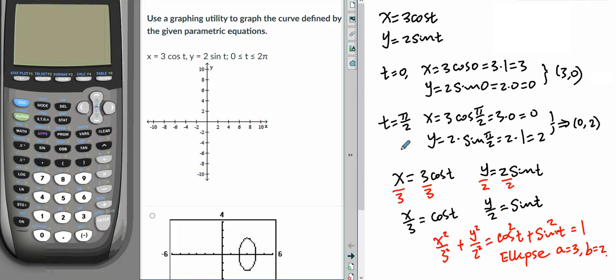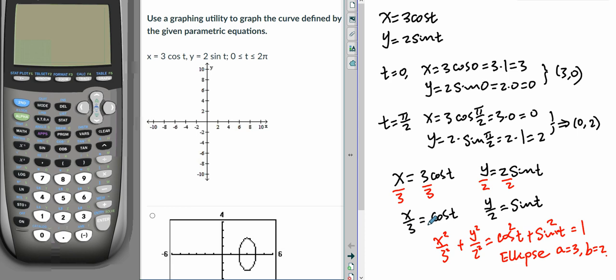Why is this an ellipse? Look, if both sides are divided by 3, you cancel this 3 with this 3, you have cosine t left on the right, and the left-hand side is x over 3. Similarly, y equals 2 sine t, divided by 2 on both sides, you have sine t is y over 2.